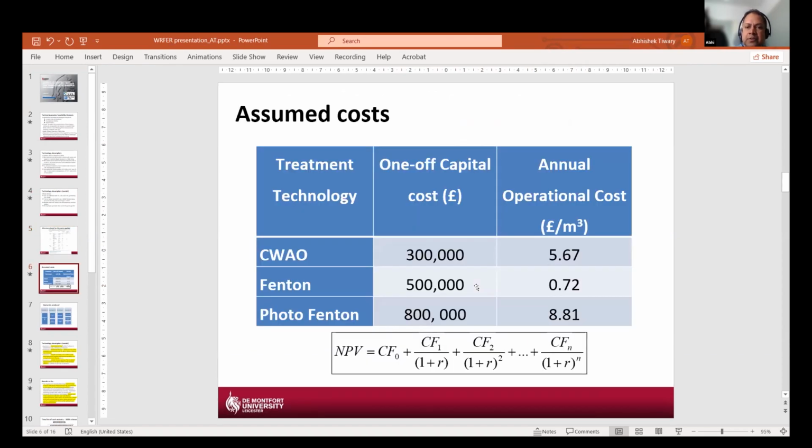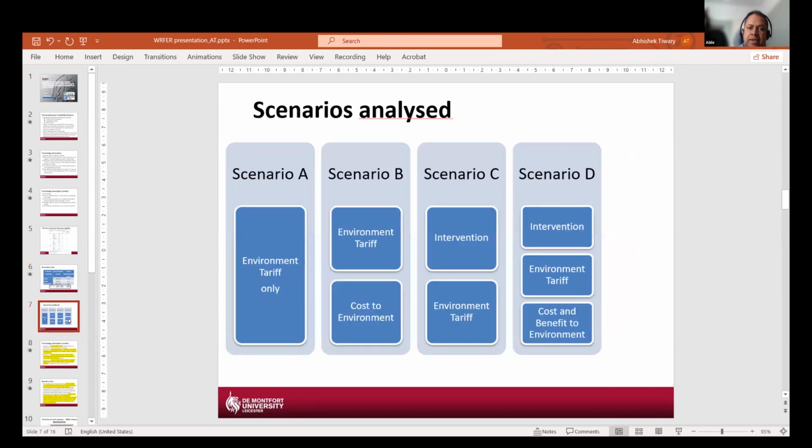And then we used some economics to do feasibility of our project. We had capital investment because in the beginning you have to set up some kind of a reactor for these wastewater treatments, so the costs of those were considered. And then there were some operational and maintenance annual costs. Those were used to consider their feasibility for the three different techniques.